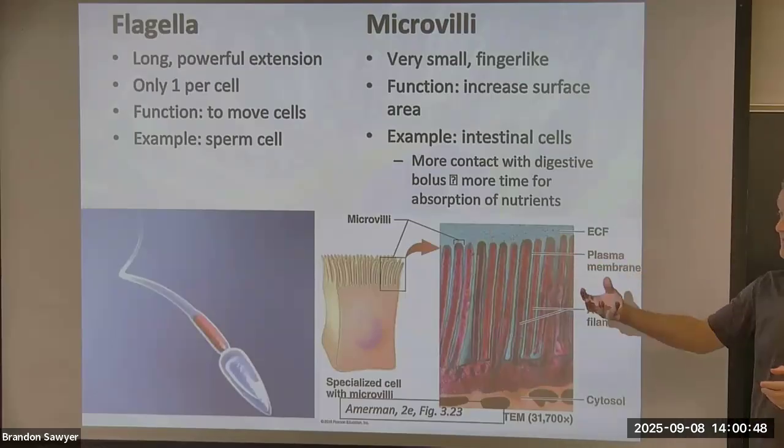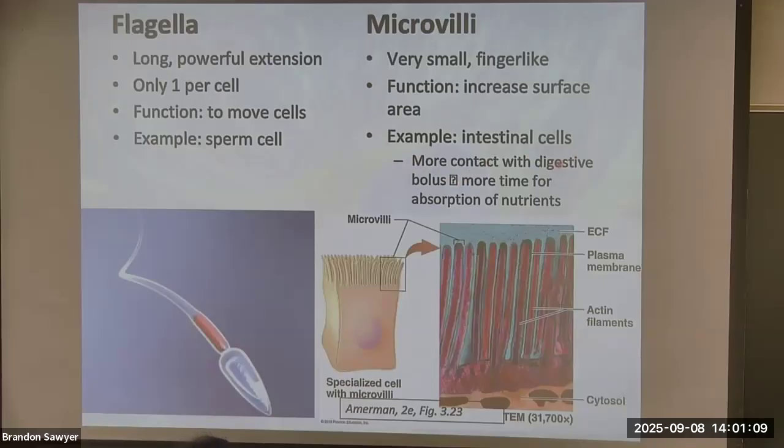And they're the ones that do the job of final digestion of nutrients before we can absorb those into our bloodstream. Okay, sometimes when those little question marks show up like that, it's supposed to be an arrow pointing to the right. Just so you know, it just didn't render properly. But it's an example of the microvilli, and we'll talk about this more next semester when we get to the gastrointestinal tract.